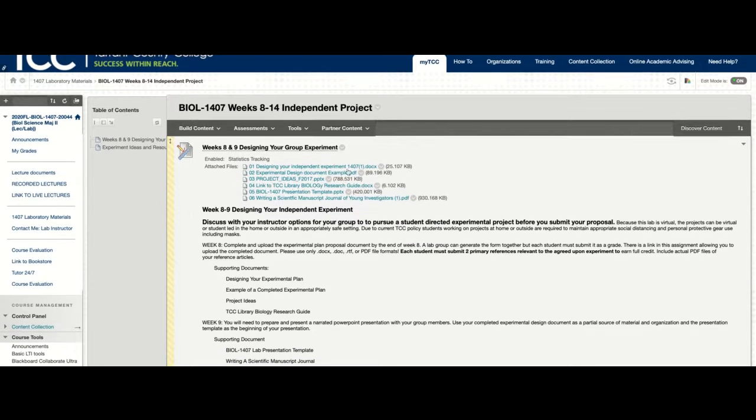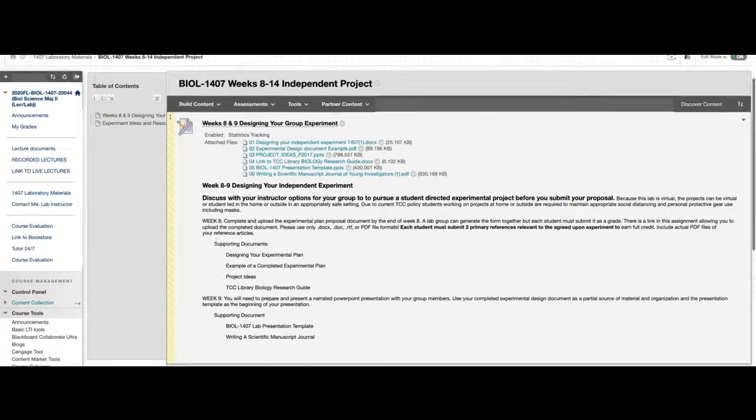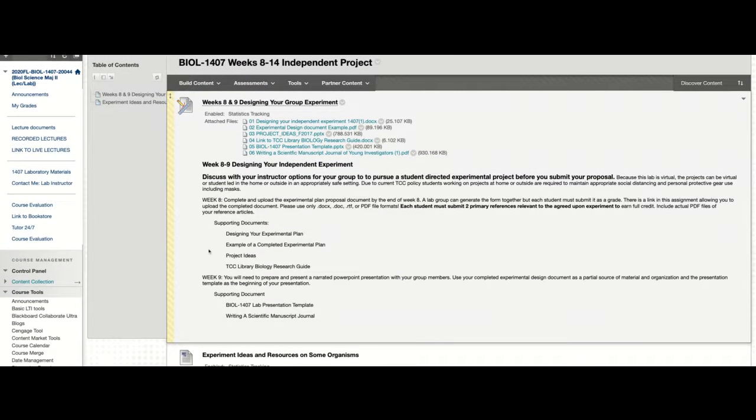First things first, you see attached files. That's going to be information on designing your independent experiment. Then you will have project ideas and links to research guides, which we'll go over in a little bit. But one of the most important things to understand is that this is a collaborative process.